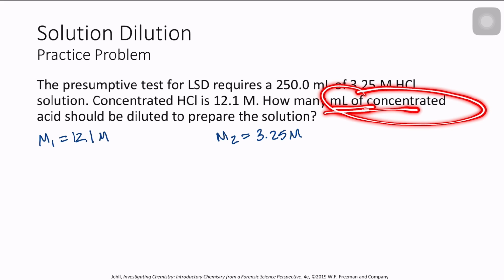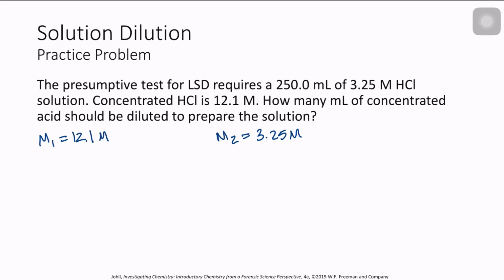So this volume is going to go with the concentrated molarity. So my V1 is what we're trying to solve for, and my test requires 250 milliliters of the dilute HCl. So that is my V2.